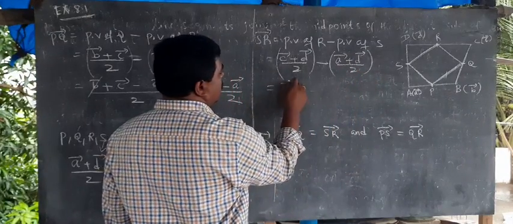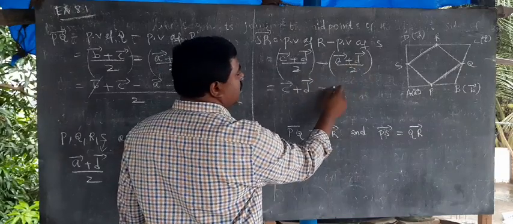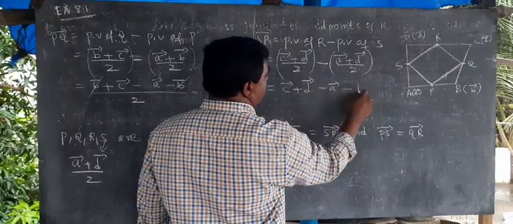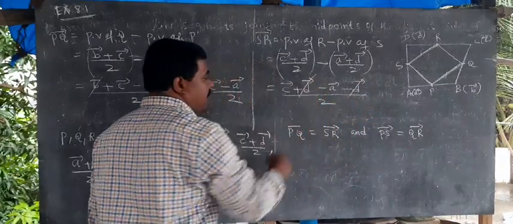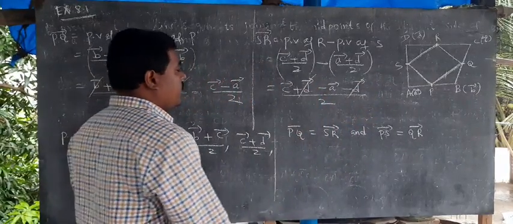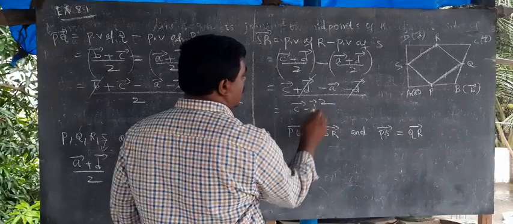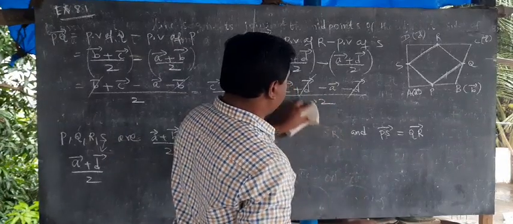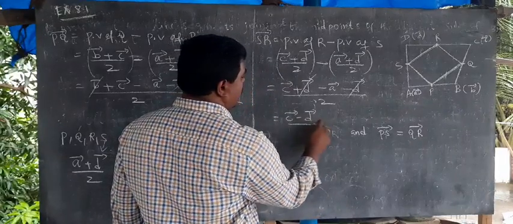This equals C vector plus D vector, and taking the minus inside, minus A vector minus D vector, by 2. Minus D plus D cancels, so we are getting C vector minus A vector by 2.